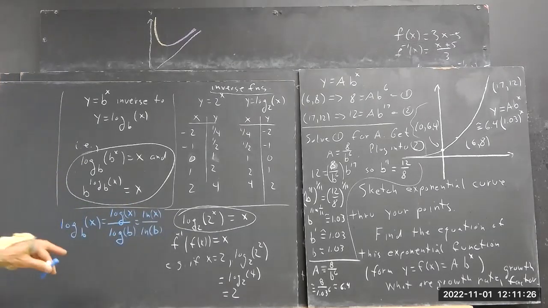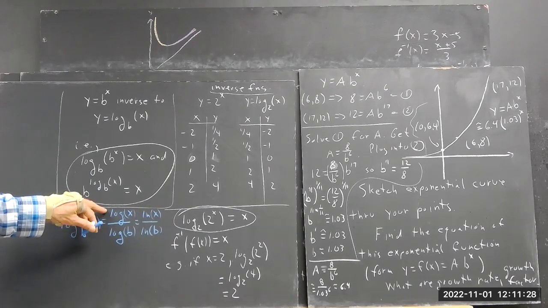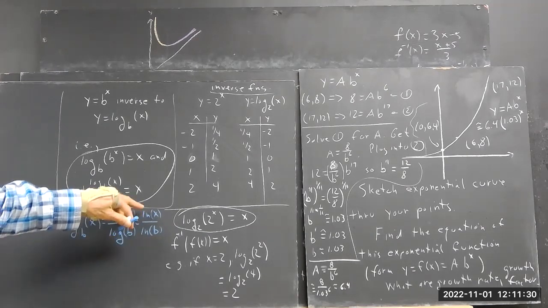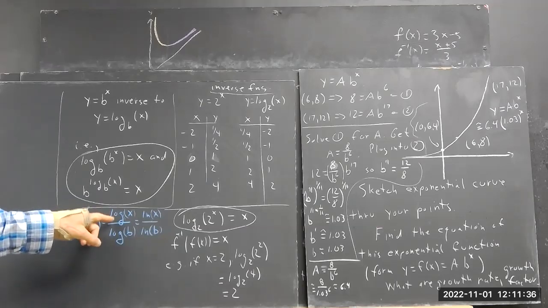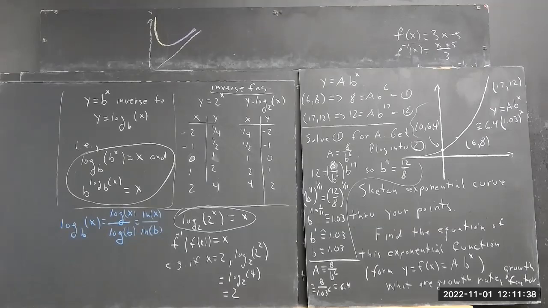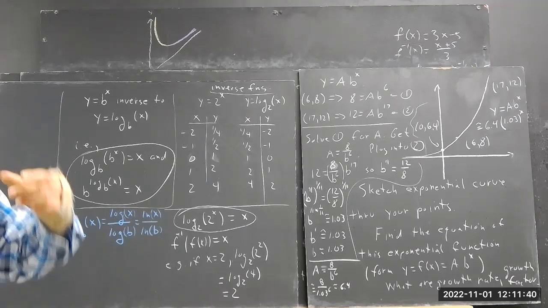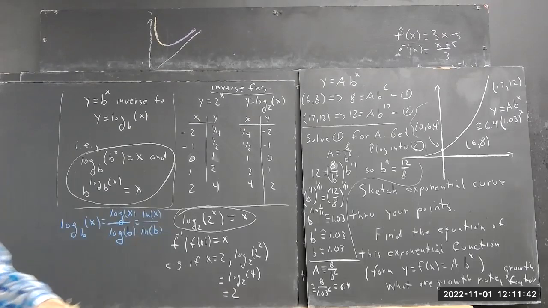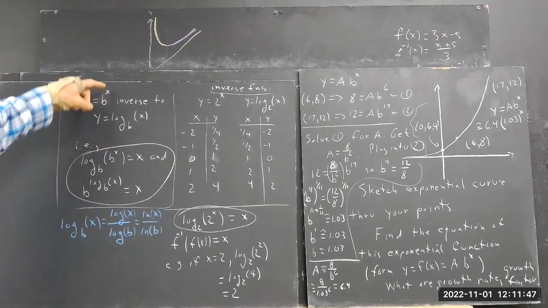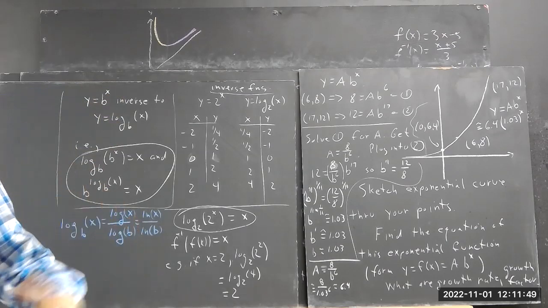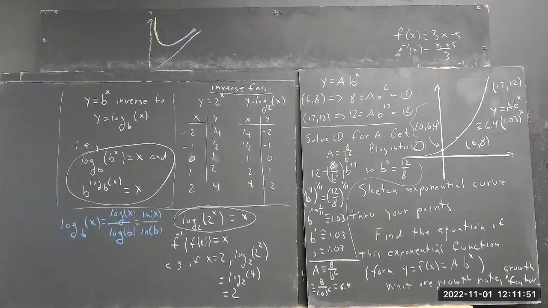Log base b of x is log of x over log of b, or the natural log of x over the natural log of b. Now, by the log, we mean the log base 10, because it'd be inverse to 10 to the x. You're going to see that in the homework.